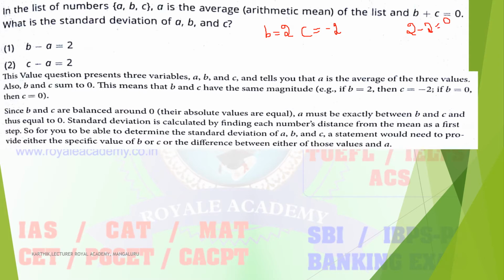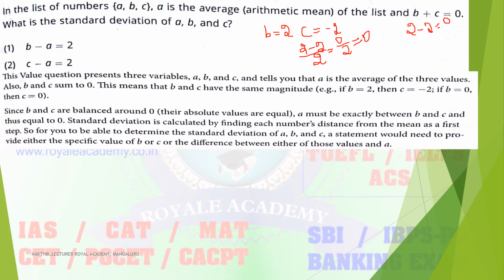So from the first statement, what does it tell? The average is A, so A is the average of the list. I don't know the value of A, but A is the arithmetic mean of the list. Taking the average of B and C, 2 minus 2 is 0, and 0 divided by 2 is equal to 0.